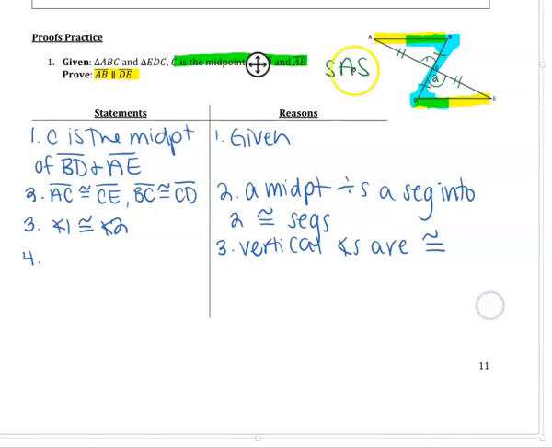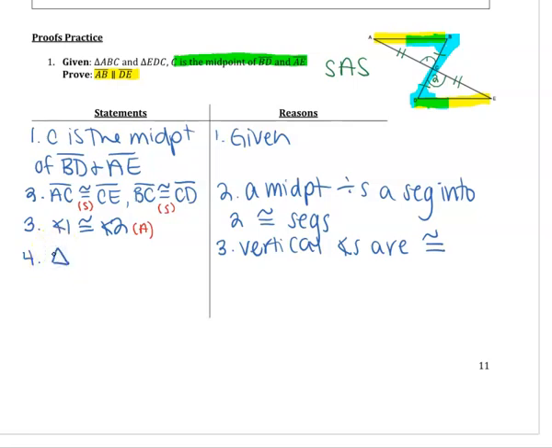Meaning, did I talk about side angle side to be able to draw the triangles congruent by side angle side? Well, here's a pair of sides, here's a pair of sides, and there's the angle. All right, so I did a nice little fact check because sometimes it's easy to forget to talk about stuff when doing these proofs. So I talked about everything I need to talk about, so therefore I now can get to the triangles being congruent.